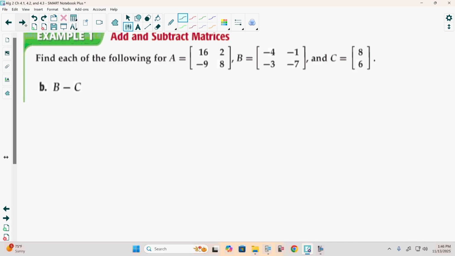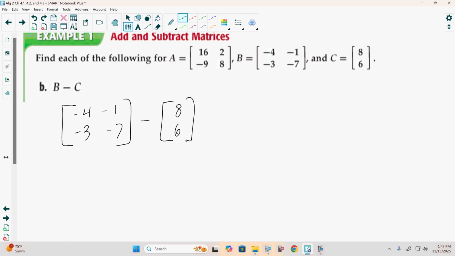Let's look at this one here. Matrix B, negative 4, negative 1, negative 3, negative 7, and we're subtracting from it the matrix C, which is this here. Matrix B's dimensions are what? 2 by 2. Matrix C is a 2 by 1.